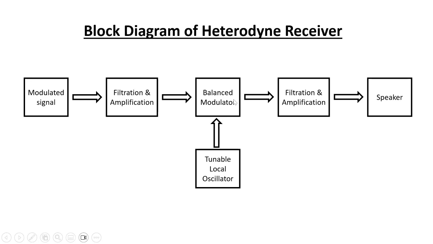I hope you got that point, that there will be two results. One will be the sum of these two and the other will be the difference of these two.